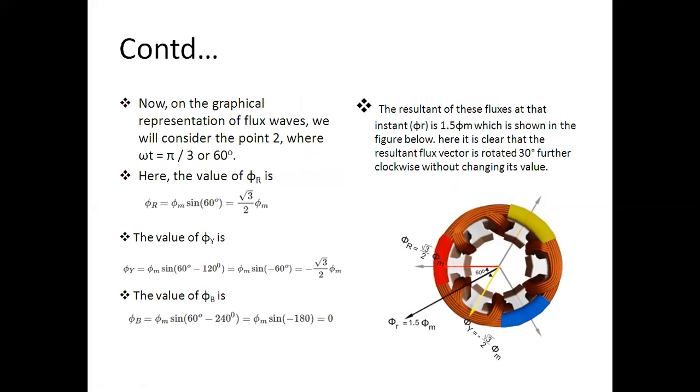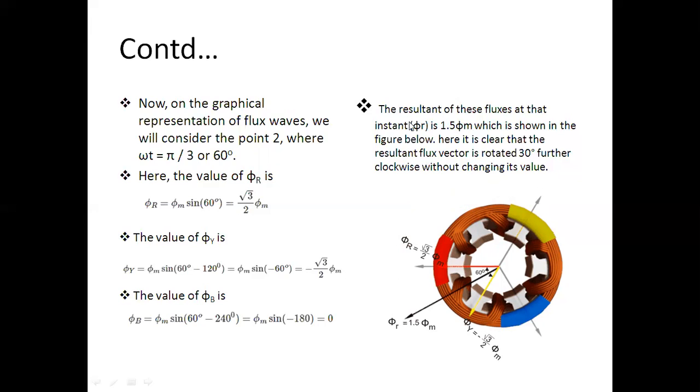The value of phi y is phi m sine of (60 degree minus 120 degree), that is phi m sine of minus 60 degree, that is minus root 3 by 2 phi m. And the value of phi b becomes phi m sine of (60 degree minus 240 degree), that is phi m sine of minus 180 degree, that is 0. This is the pictorial view.